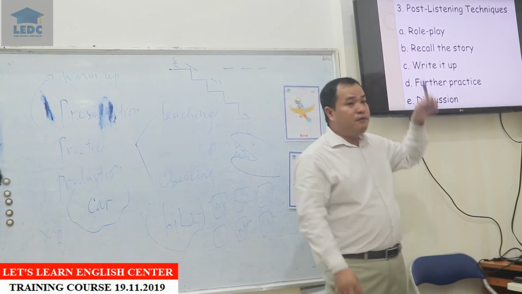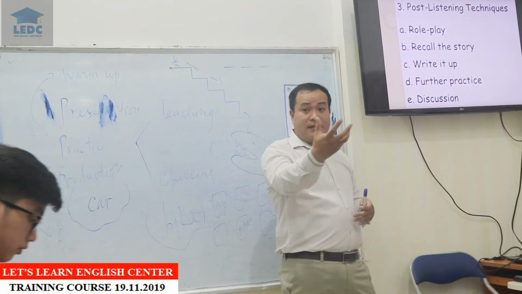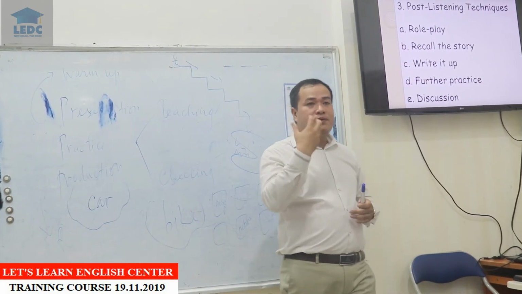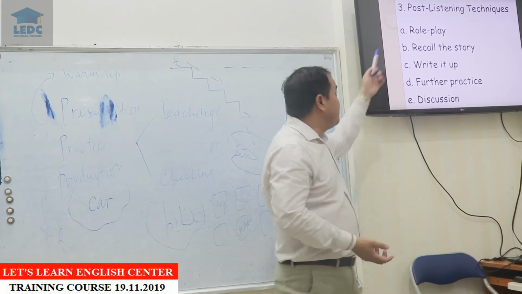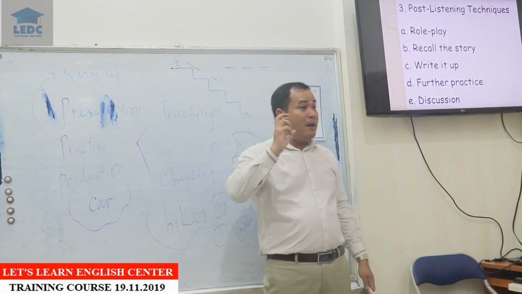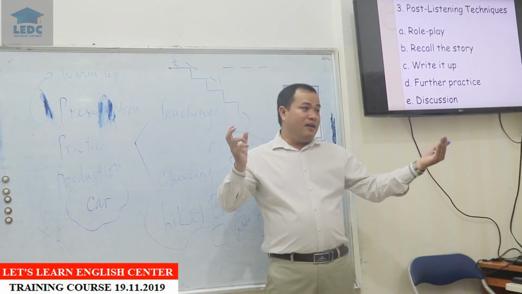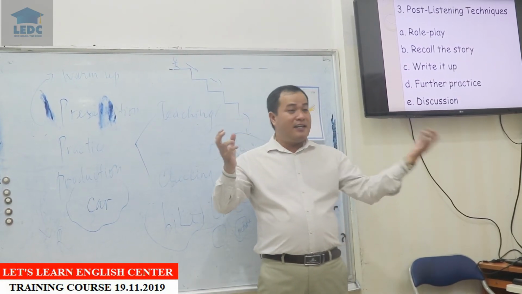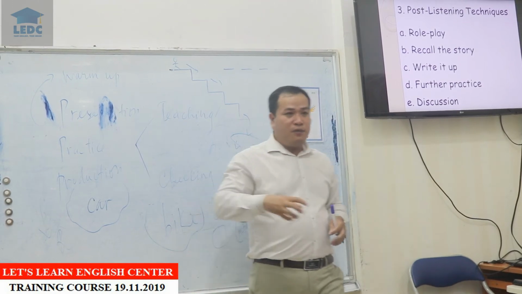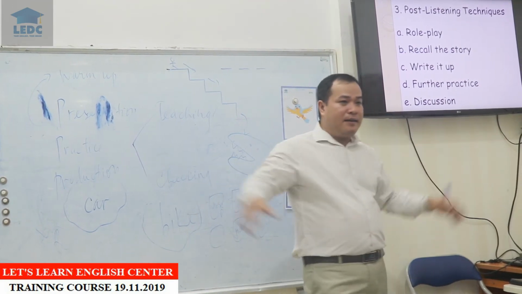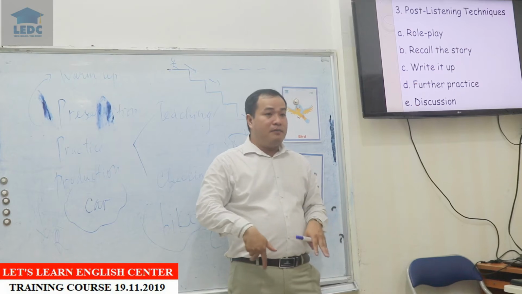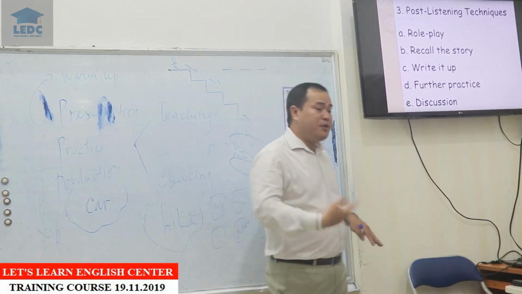You let them role play to practice the topics. After you let them listen to a famous person, you ask them to role play. For example, you are Obama, and you are maybe an interviewer or something like that. They can ask questions, okay? And you ask them to work in pairs, and after that you call them to come in front of the class to present.